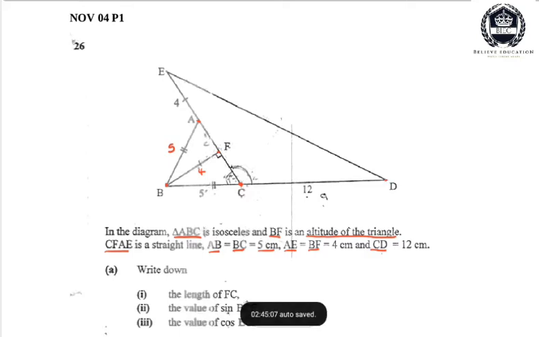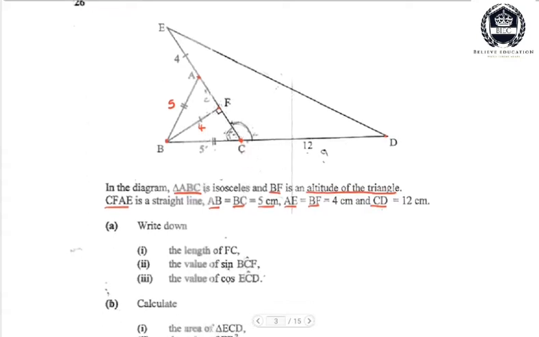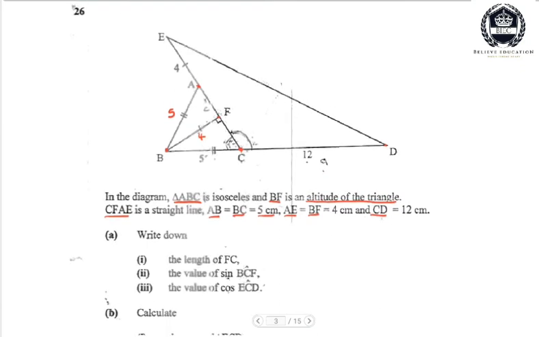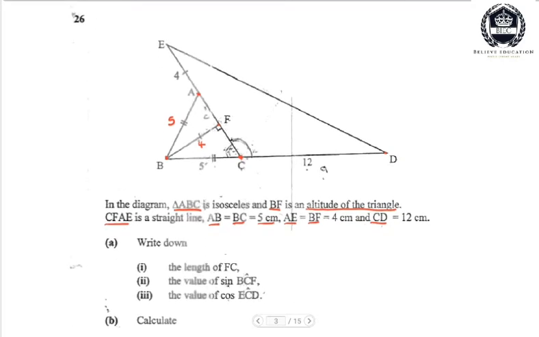So after having read the question, what we want to do is look at the first part. So let's separate the triangles so that we can have clearer pictures. The first one asks us to calculate the length of FC. So we're going to take triangle FBC. We have F, we have C, and then the triangle will be this one.